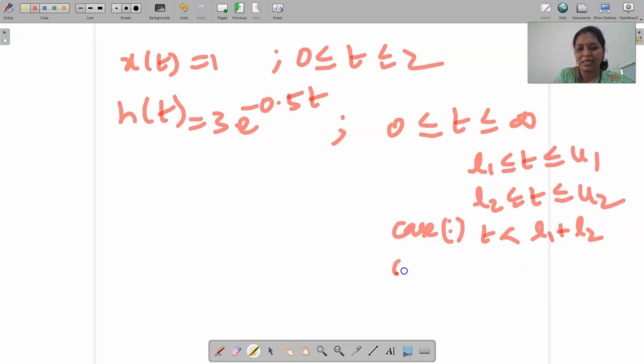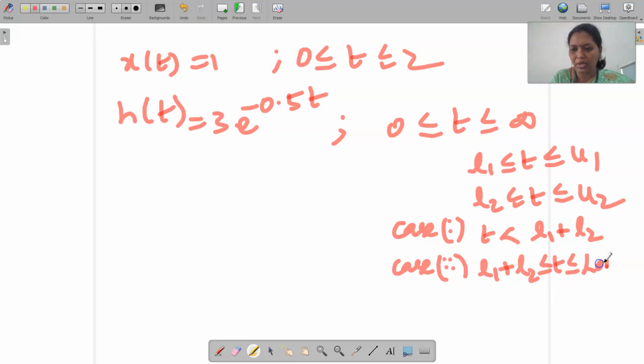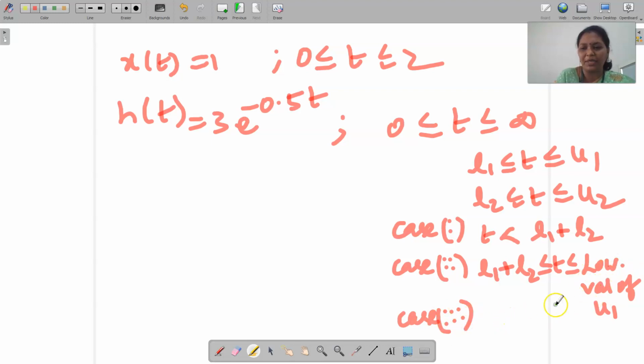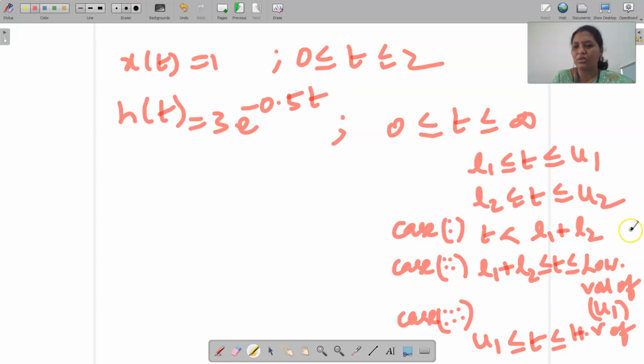And then the next case of t will be L1 plus L2 to the lower value of upper limit. So let me take the lower value of upper limit as U1, and then the third case is from that to the higher value of upper limit.